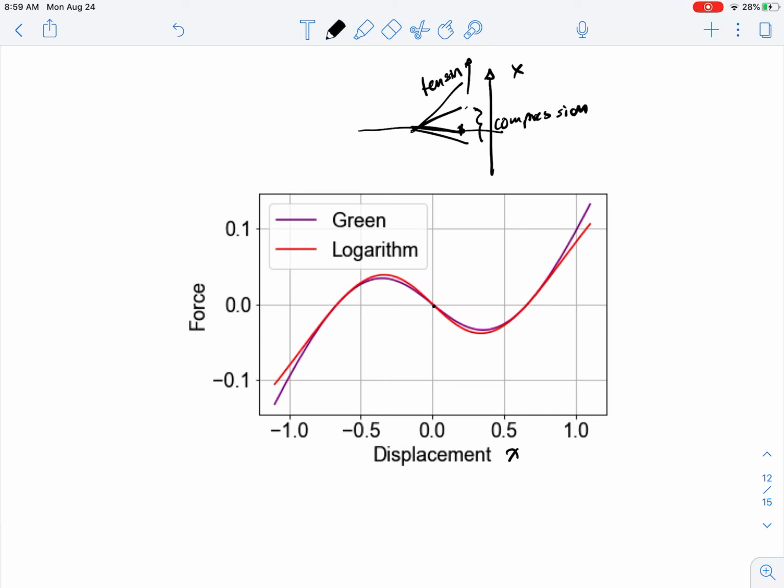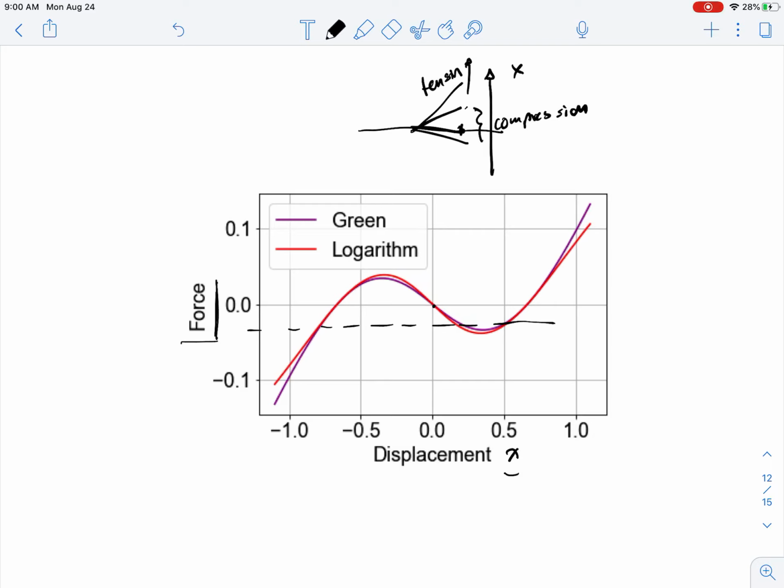And the interesting thing here is that if you look at this in terms of x, there's a single value of the force. But if you look at it the other way, so if you are given a force and you want to calculate a displacement x, there are values of the force for which you have multiple solutions. So if you tell me some value of force down here, then there are different possibilities for the displacement x that give you the same force.